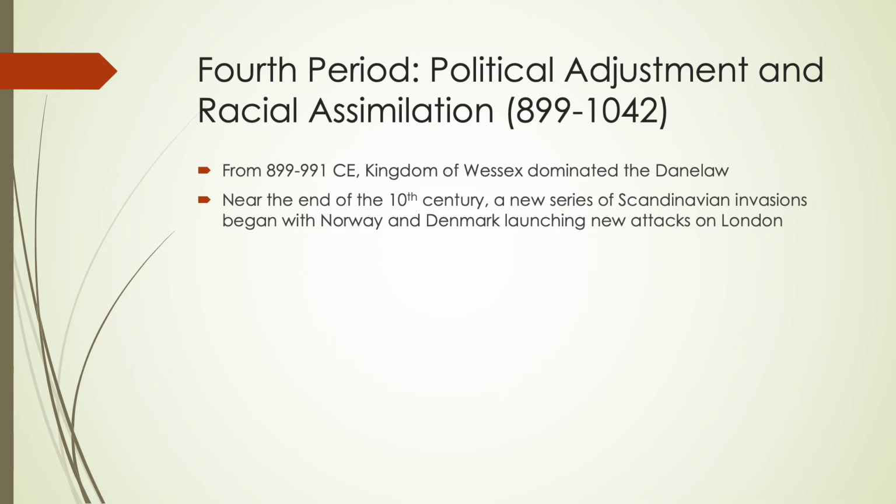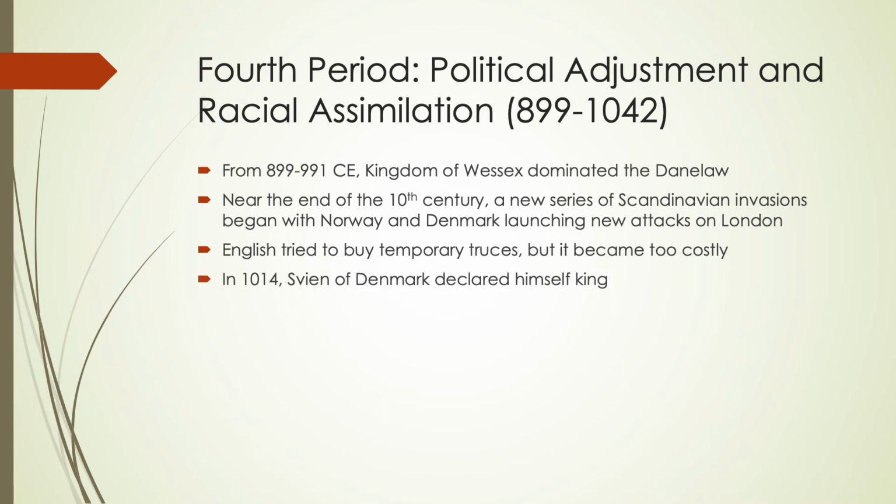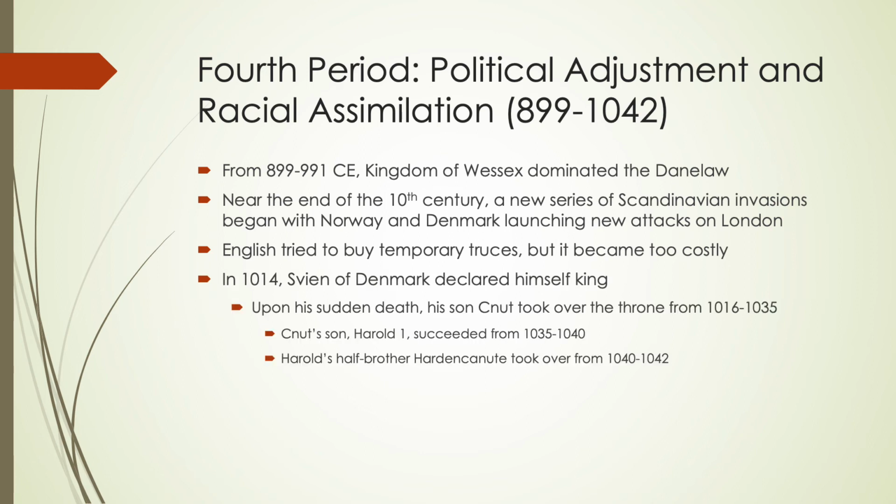By the end of the 10th century, a new series of invasions was taking place, and this also included Norway and Denmark. They were also launching attacks on London. The English tried to buy temporary truces, but it became very costly. And eventually, in the early 1000s, Sven of Denmark declared himself king. He had a sudden death, so his son Knut took over from 1016 to 1035.